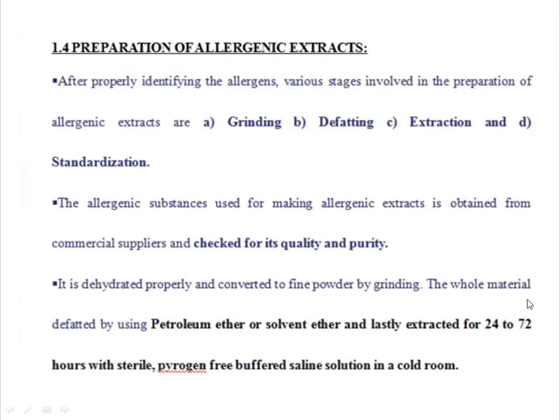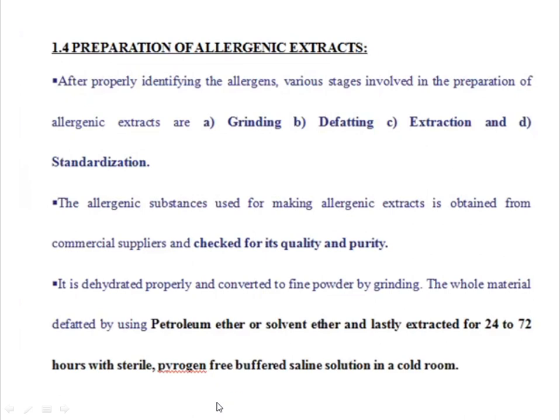Then the whole material is defatted by using petroleum ether or solvent ether. Defatting is nothing but removal of any fatty substances present in the allergenic extracts. This is performed by using organic solvents such as petroleum ether or solvent ether. The next process is extraction.